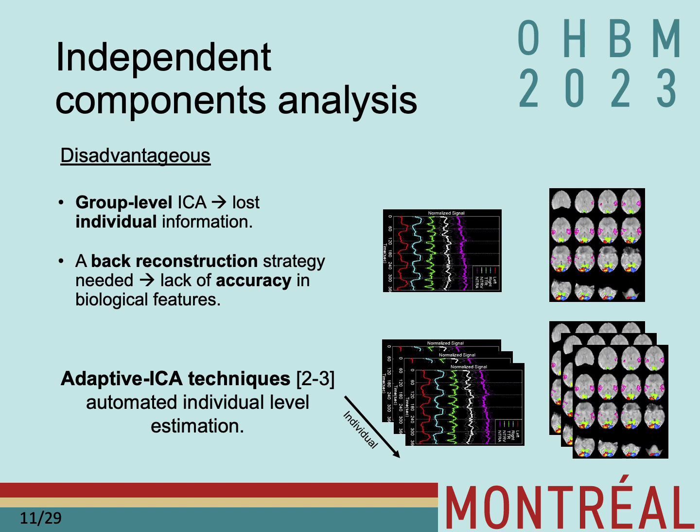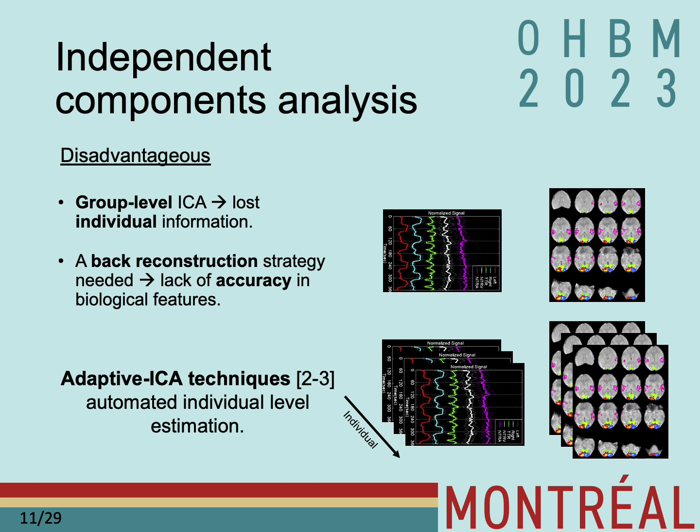The main issue with group ICA is that performing group analysis increases the potential of losing individual information. On the other hand, back reconstruction to the individual level may affect the accuracy of the biological features related to specific brain disorders.